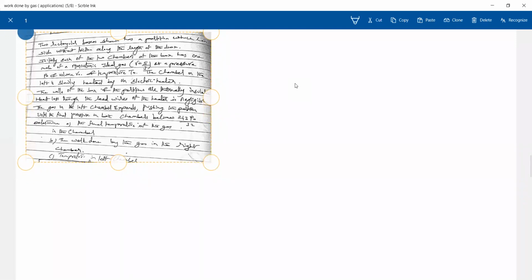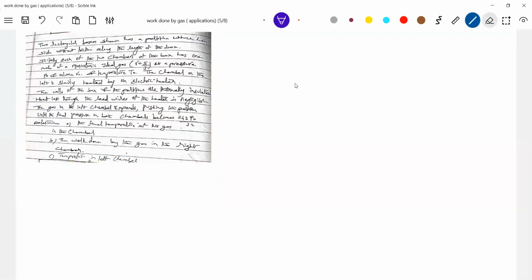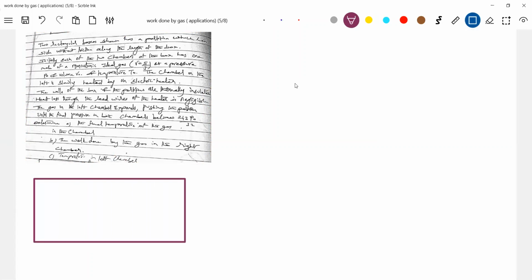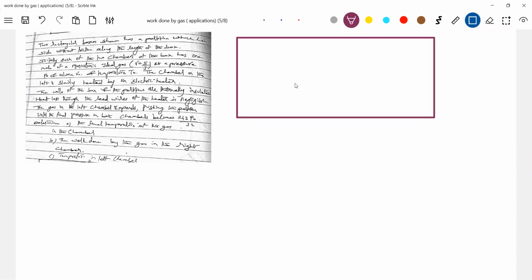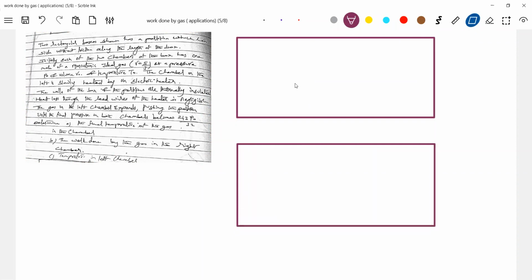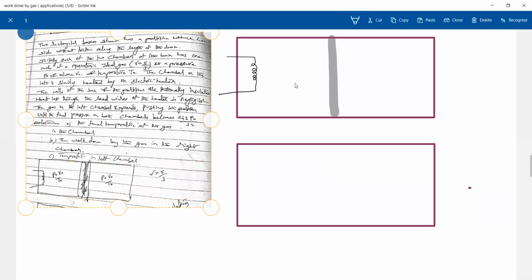I'll redraw the diagram. Okay, P naught, V naught, gamma.